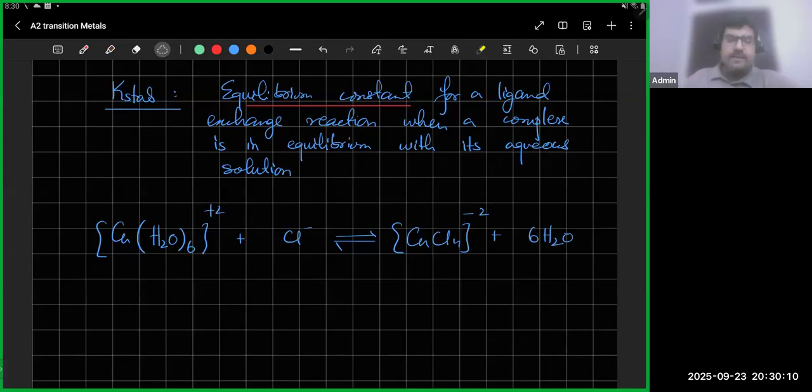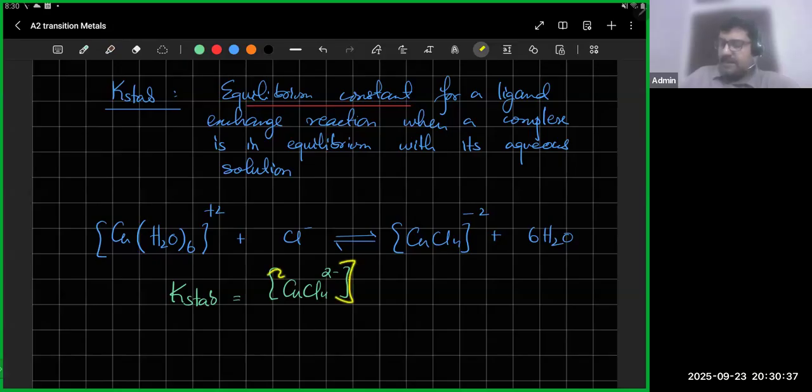So here I have a ligand exchange reaction. I'm going to write the Kc or the K stab expression for this. So it's simply going to be the product concentration divided by reactant concentration. So it's going to be [CuCl4]2-. Remember, the square brackets now represent concentration, so the charge has to be written inside the square brackets.